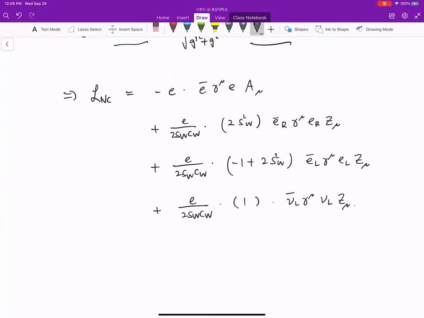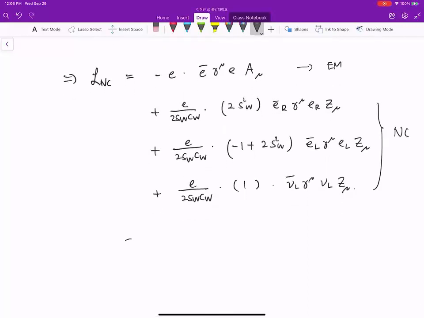So this neutral current, actually, the first term is the electromagnetic. The other three is the neutral. We call this neutral current, but the electromagnetic interaction is also neutral in the sense that the mediator does not carry electromagnetic charge. But the electromagnetic.